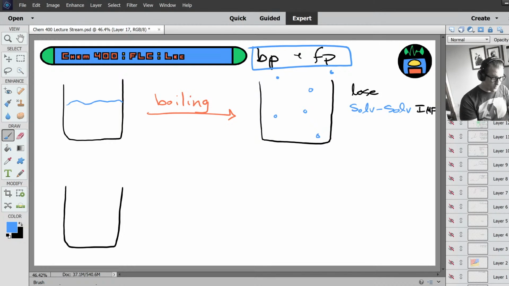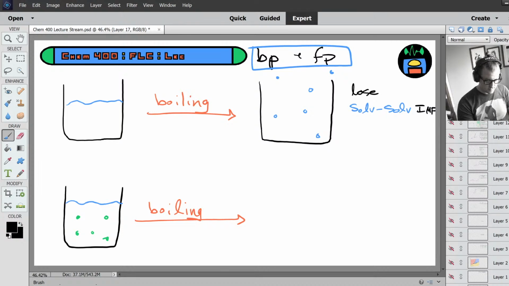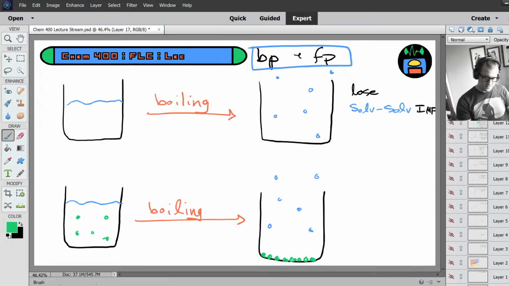But for a solution, when you boil a solution, you turn the liquid into a gas, right? So the liquid flies away, but the solute remains behind, right? There's that crusty solid leftover.